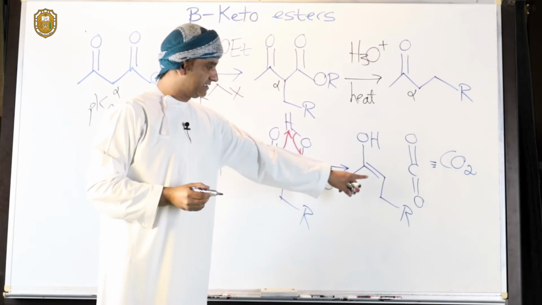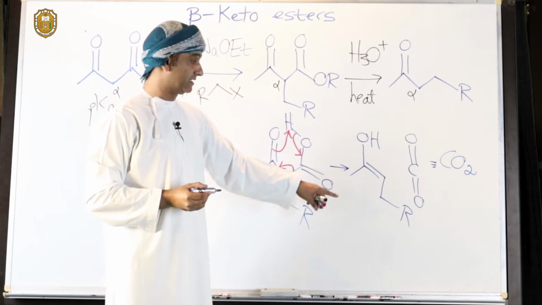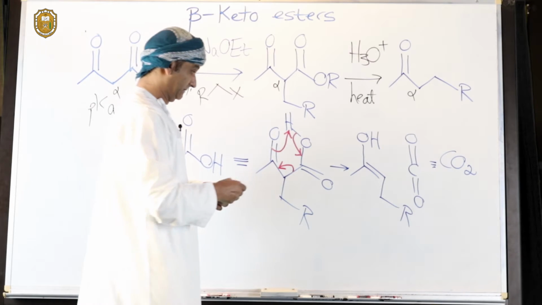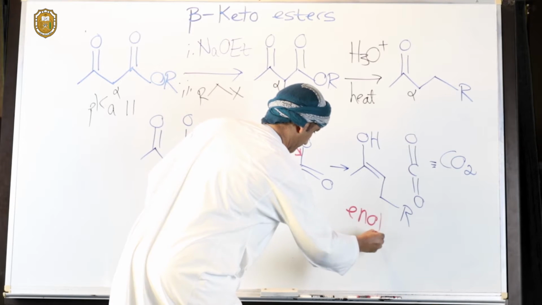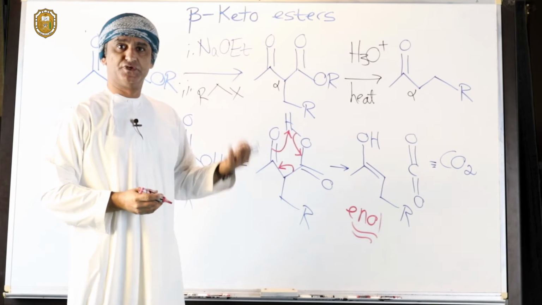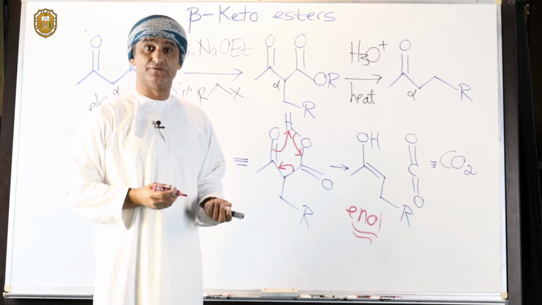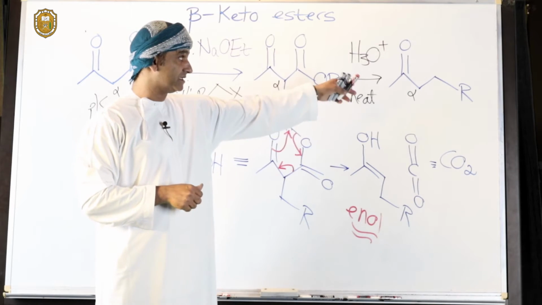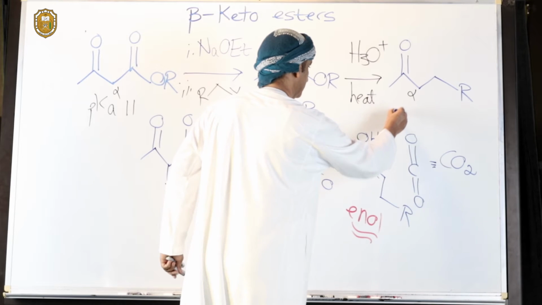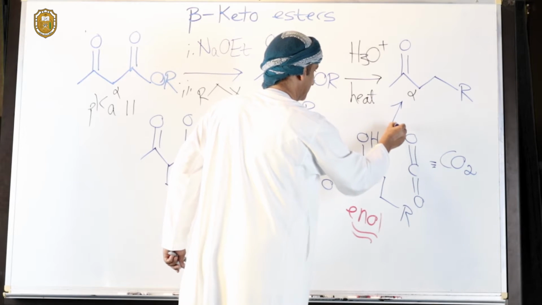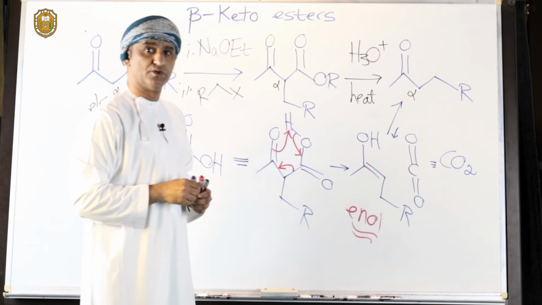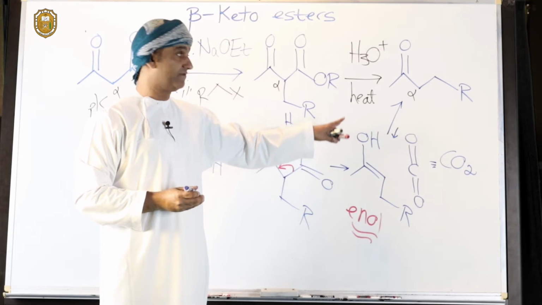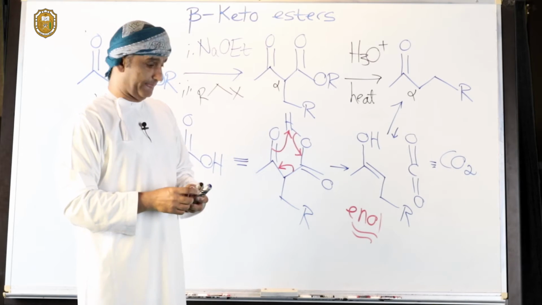Now, if you look at this intermediate product, you can also tell it's actually an enol intermediate. This is an enol. But enols, if you recall, undergo tautomerism to the ketone form, in what's called keto-enol tautomerism. So this enol should tautomerize to the final ketone product. The enol, once it's formed, should undergo tautomerism to give the final ketone product.